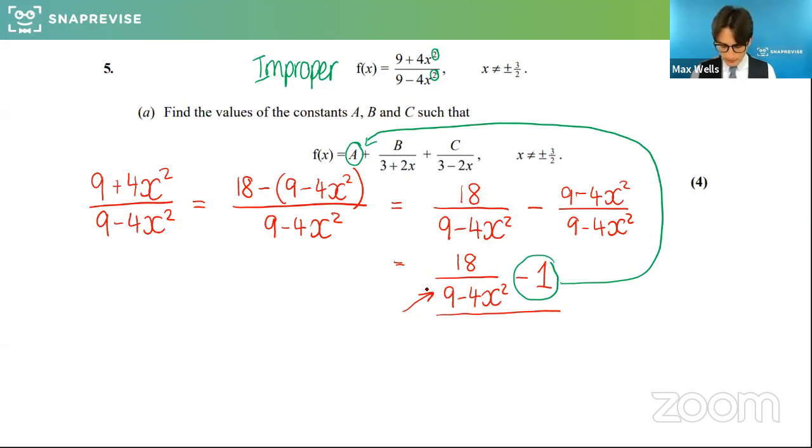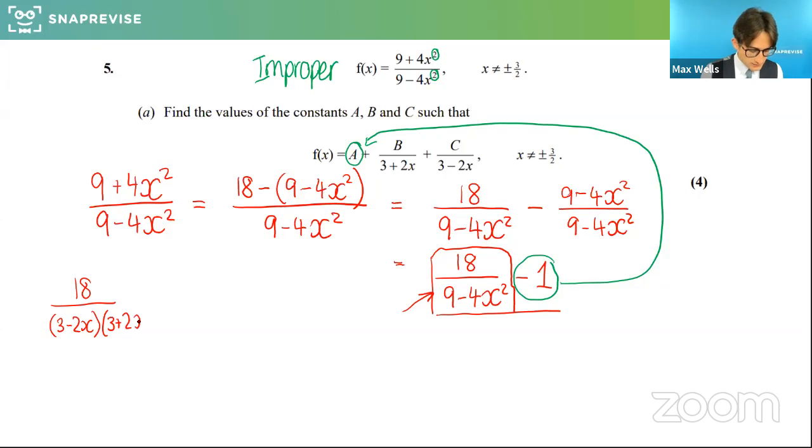Okay, brilliant. So what I can do, and I'll do this nice and neatly, is say, right, 18 over (9 - 4x²). And someone spotted that this can factorize as a difference of two squares to (3 - 2x)(3 + 2x). And that is a GCSE style factorizing, but it was a tricky one.